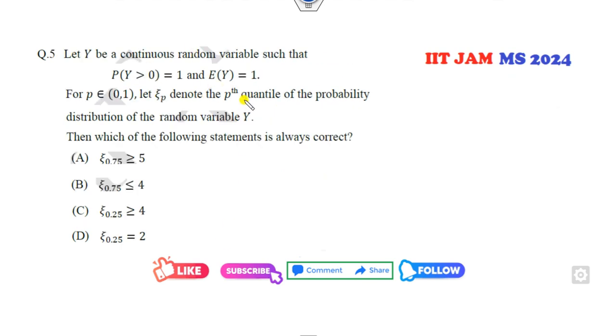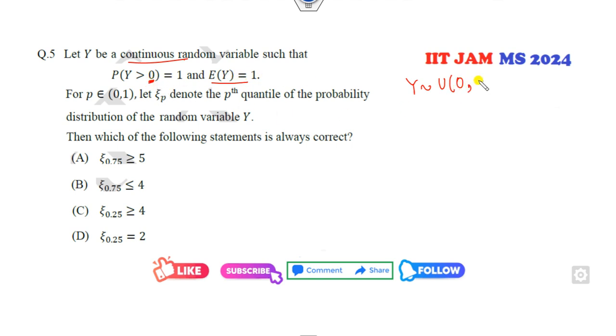Y is a continuous random variable such that expected value is 1. You can assume any continuous random variable. You can see it's an exponential distribution with parameter 1. Or the easiest one is the uniform distribution. So that means uniform distribution from 0, because the lower limit is 0.